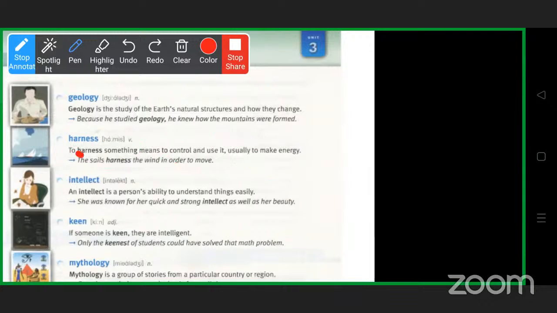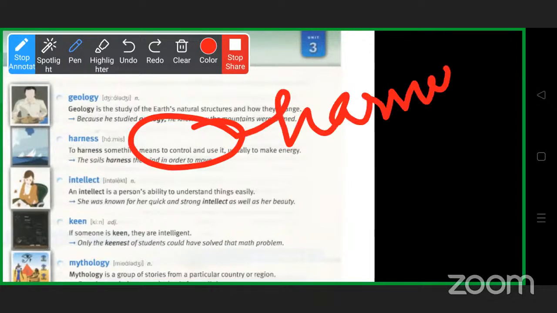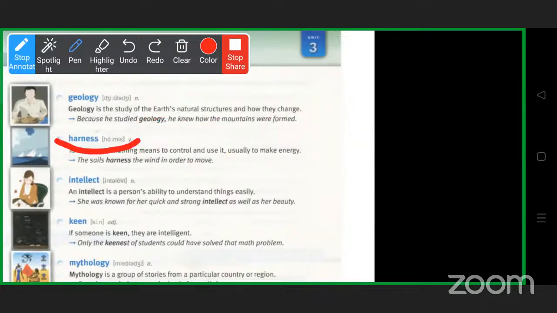The sails harness the wind in order to move. So harness the wind means it controls the wind. To control or to use something is to harness that thing. So when you harness English, that means you are controlling English to make statements beautifully.